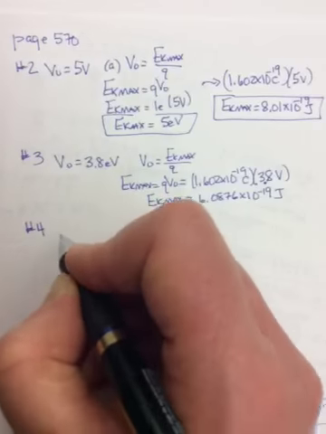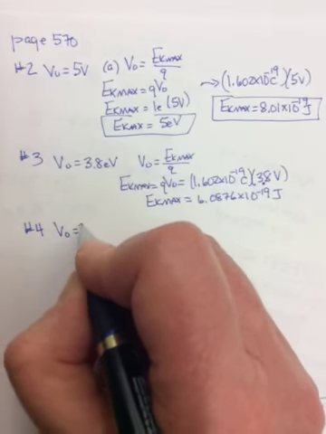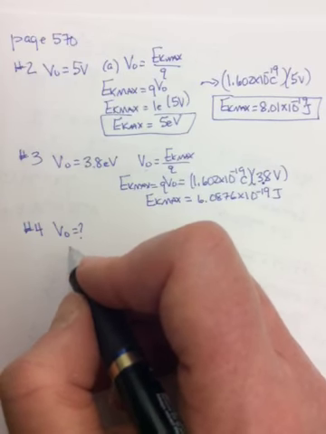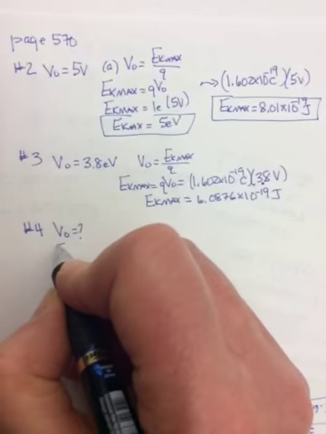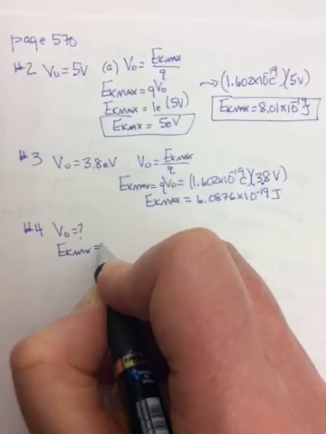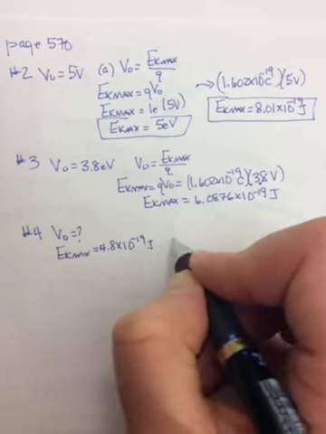Number 4. What potential difference, in other words, you're looking for VO, is needed to stop electrons having a maximum kinetic energy? So this time they're giving you the EK max. It's 4.8 times 10 to the negative 19 joules.